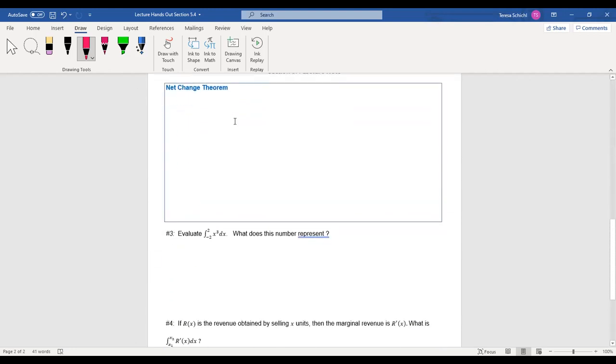Okay, so now let's go to the next one here. What we talk about is the net change theorem, okay?